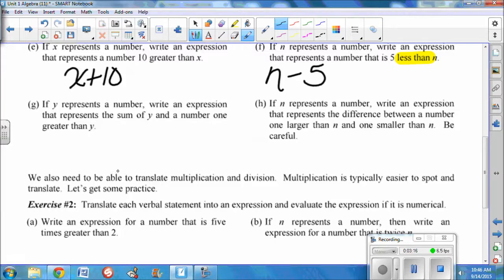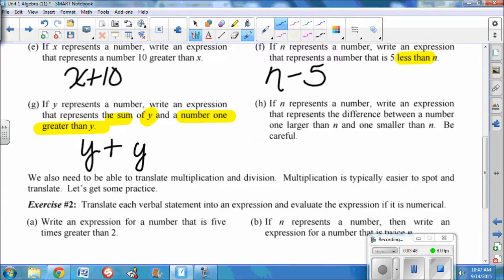If y represents a number, write an expression that represents the sum, key phrase, sum of y and a number 1 greater than y. So we've got the sum of y and a number 1 greater than y. You probably could write this a couple different ways. y plus, we know we're summing, and then it says a number 1 greater than y.